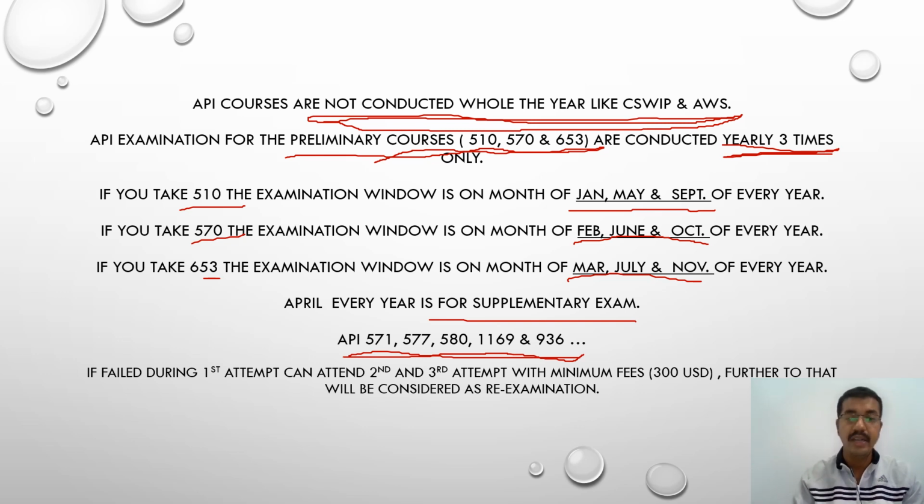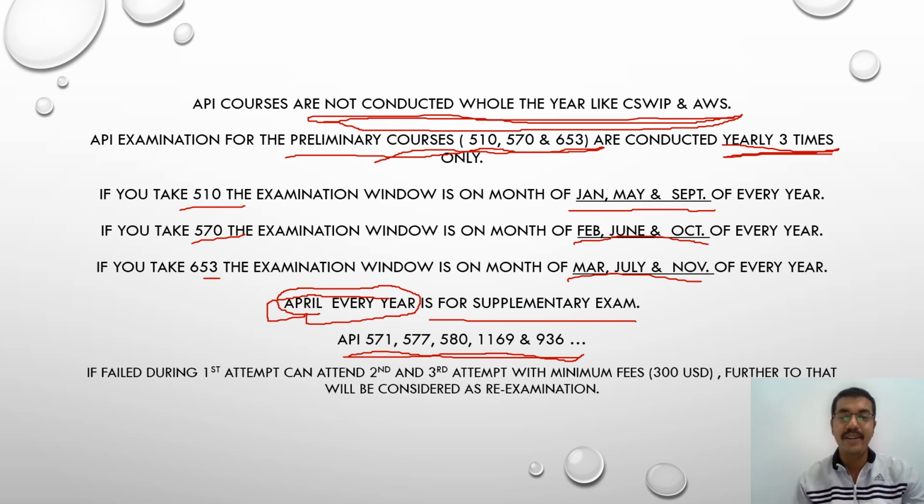Whatever the course, in April every year all these supplementary exams are conducted. Based on this, you have to prepare yourself. If you are going for API 510 and you think, oh, next month I will prepare for API 510, it is not possible, because the schedule is already fixed by API.